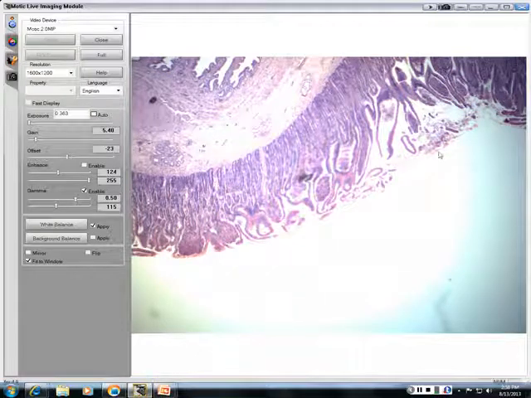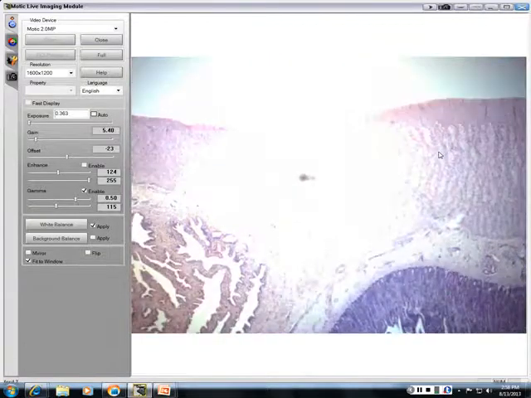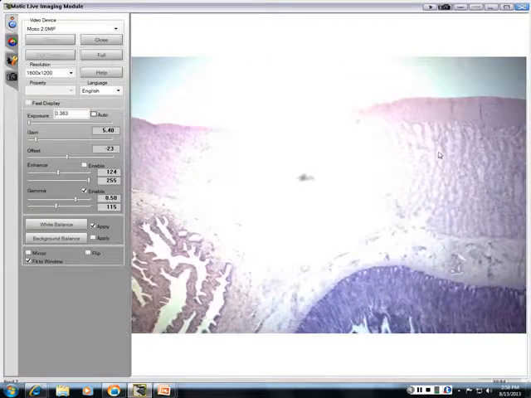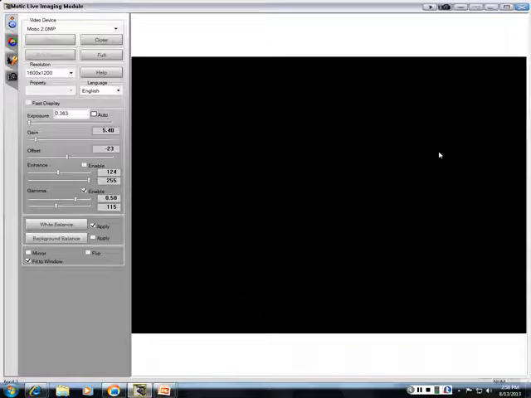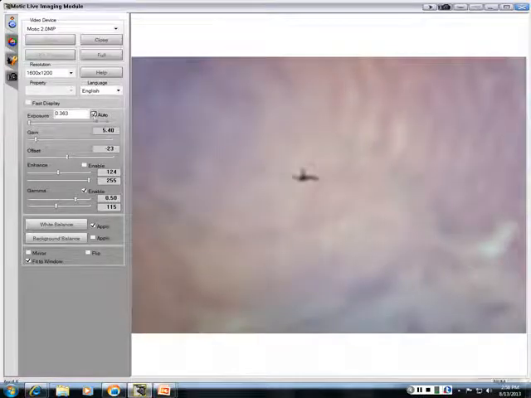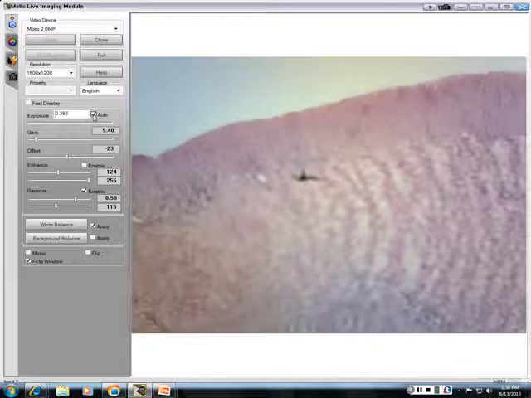Okay, so let's take a look at both sides of our sample, of our small intestine. You can't see much at this low magnification, so I'm going to increase in magnification and take another look. Make sure to focus, or you can't see anything.